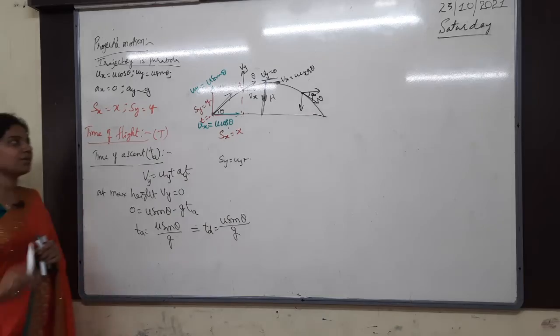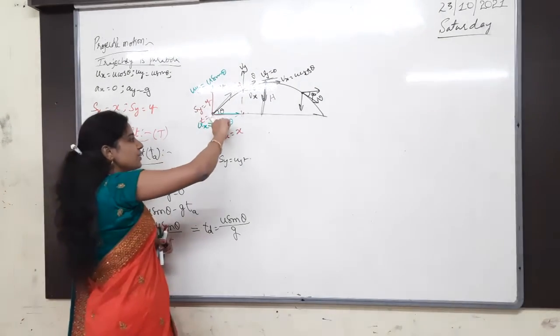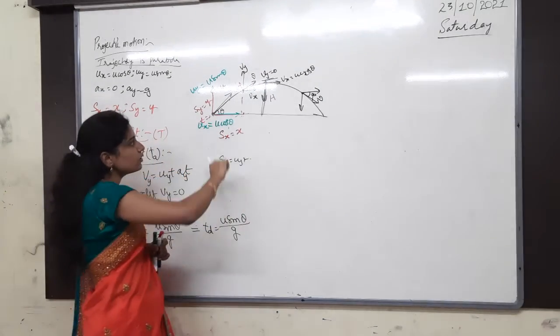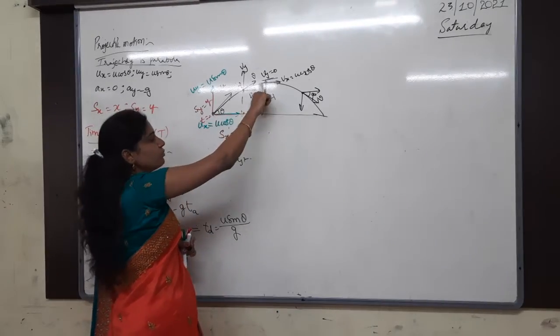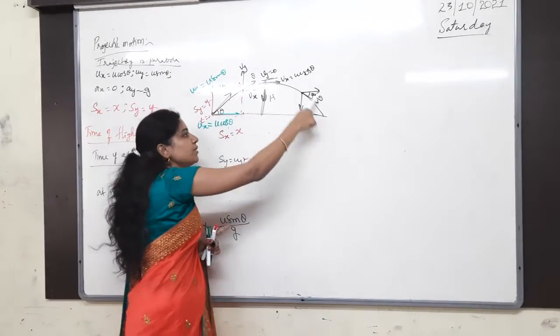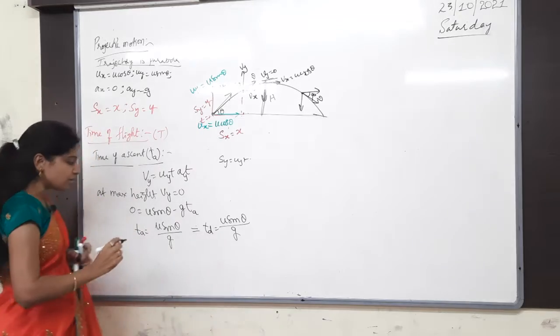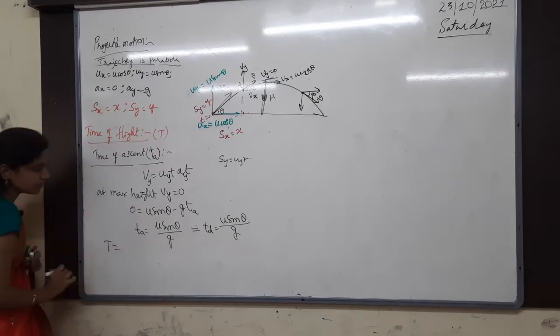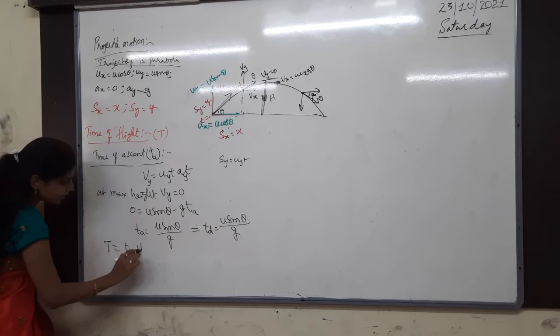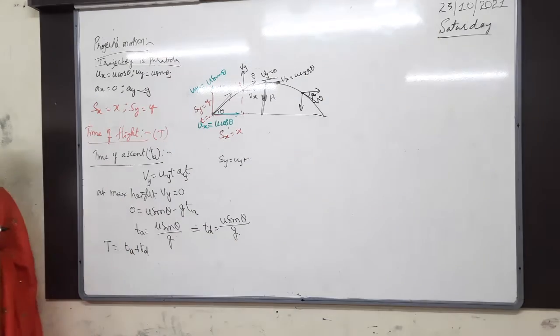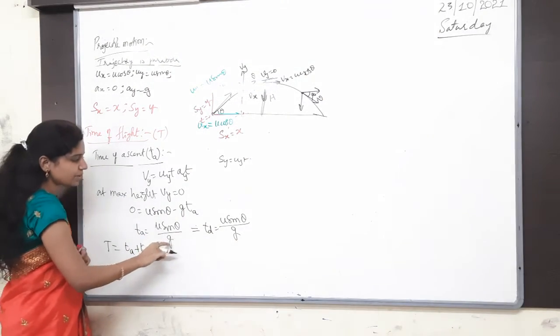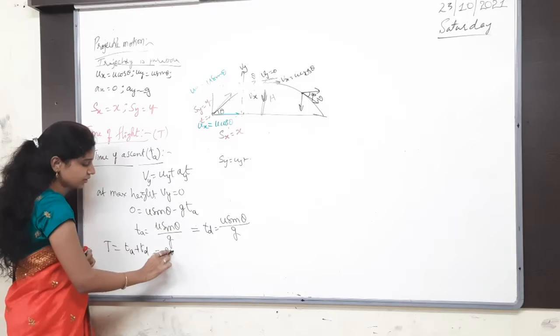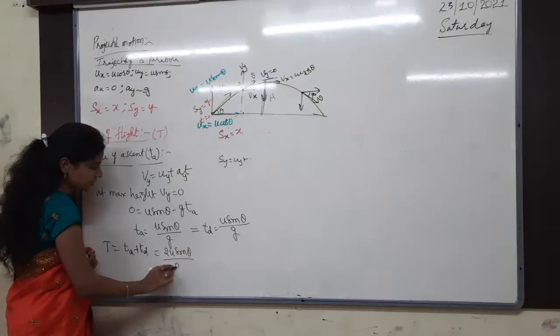Total time of flight is nothing but, as I said, reaching from ground to ground. Ground to ground is nothing but first ground to maximum height plus maximum height to ground. So the total time of flight, what can I write? T is equal to time of ascent plus time of descent. Then u sin theta by g plus u sin theta by g. What is that? 2u sin theta by g.